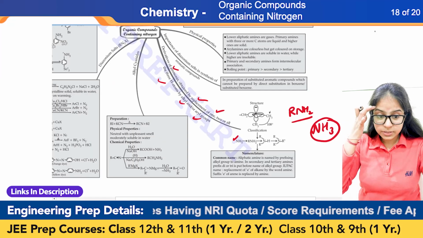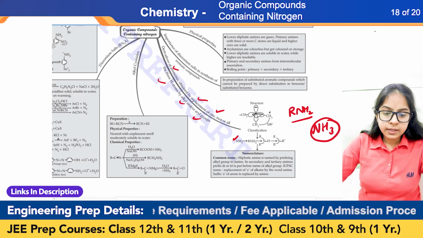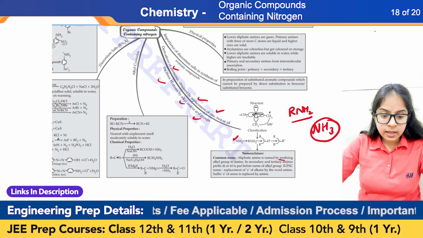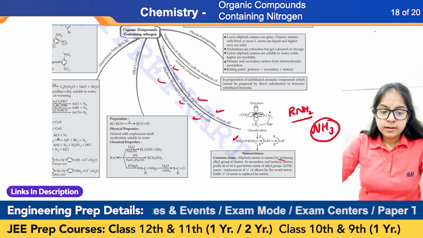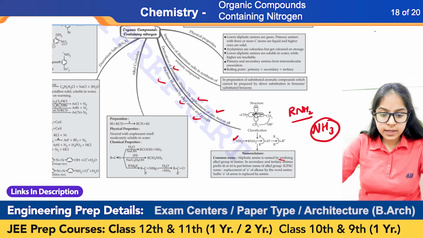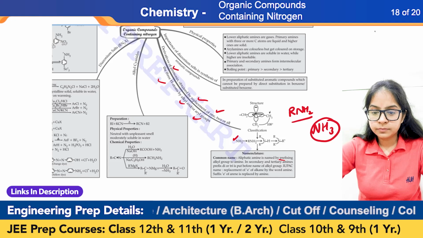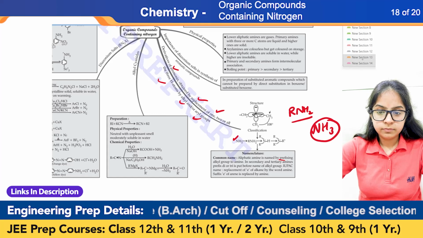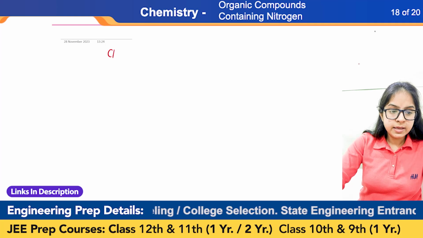Now the nomenclature of amines. Common name: an aliphatic amine is named by prefixing the alkyl group to the amine. In secondary and tertiary amines, the prefix di or tri is put before the name of the alkyl group. IUPAC name: the E of the alkane is replaced by the word amine. Suppose I have CH3NH2.